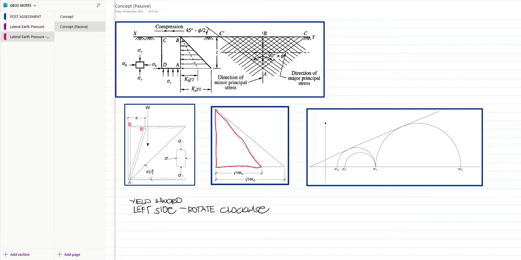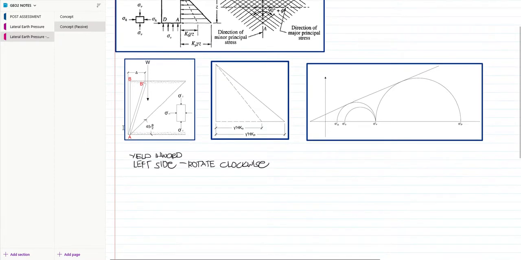So, ibig sabihin, masyadong nag-increase yung pressure ng soil since nagko-compress sila maigi. So, ang tendency is to shift from sigma prime O, which is stable na rigid yung retaining wall, to an increase on the passive condition kasi nga nagko-compress or kino-compress na rin siya papasok nung retaining wall.